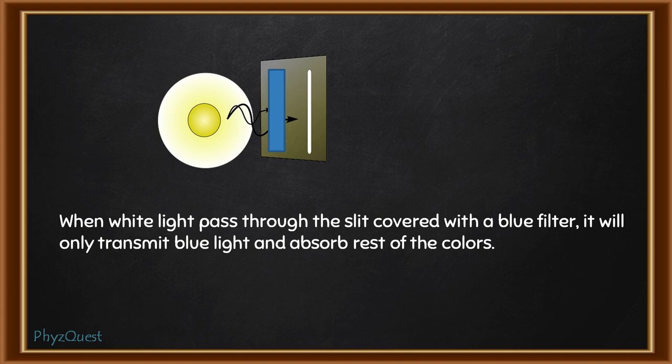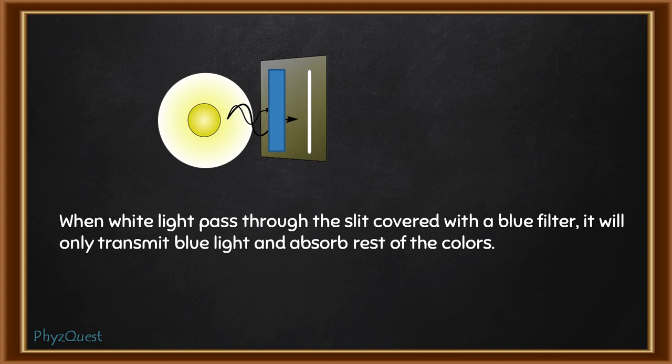Now the thing is, white light has all the colors. That means it has different wavelengths. Different colors have different wavelengths. Now the condition to form an interference pattern is that the two sources should be coherent with the same frequency and wavelength. So here we have white light where all wavelengths are present, and in the other slit there is blue light.